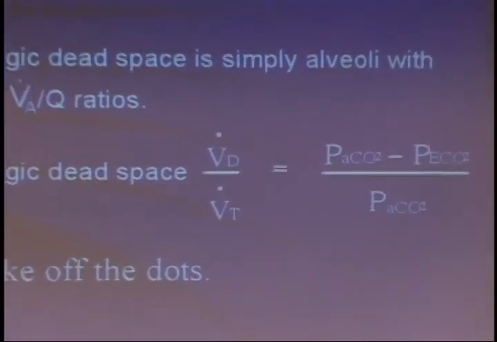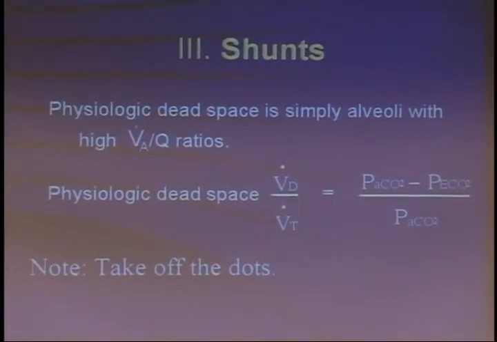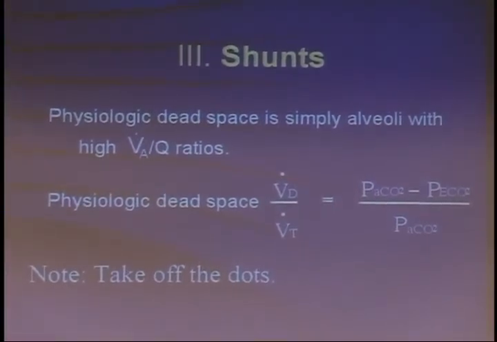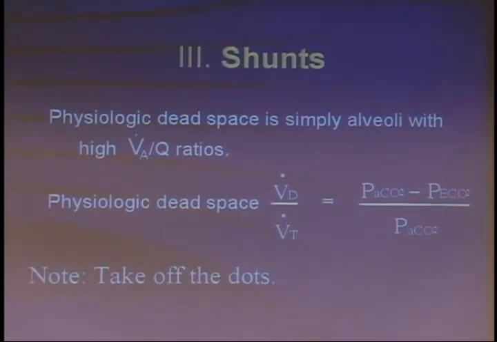Similarly, we can calculate dead space, and the physiologic dead space is produced by those alveoli that have high ventilation to perfusion ratios. And again, go back to that first schematic that shows the 3 different lung units with ventilation perfusion ratios of 0 and normal and infinite, and reason your way through that, and you'll see that physiologic dead space is indeed created by the alveoli with high ventilation perfusion ratio.